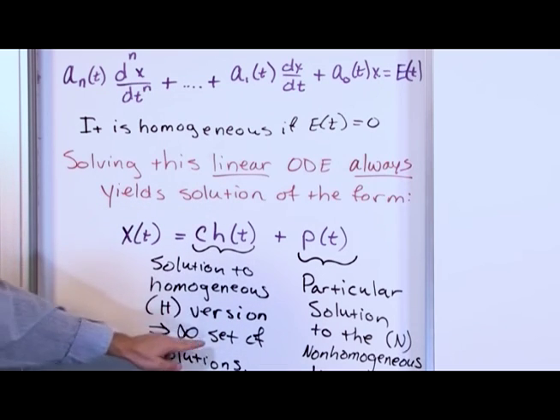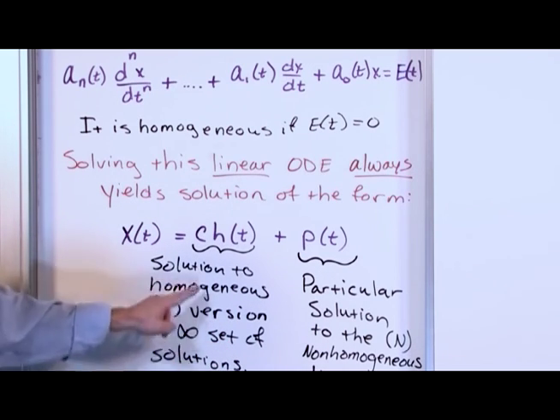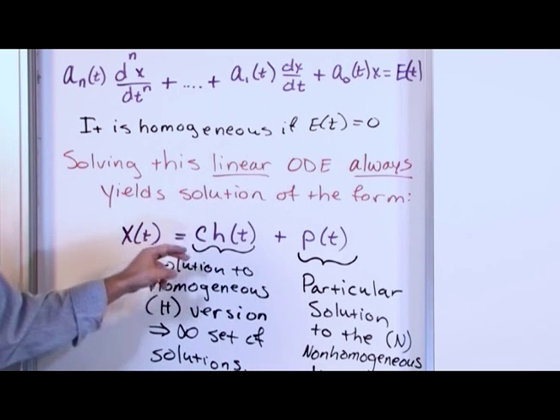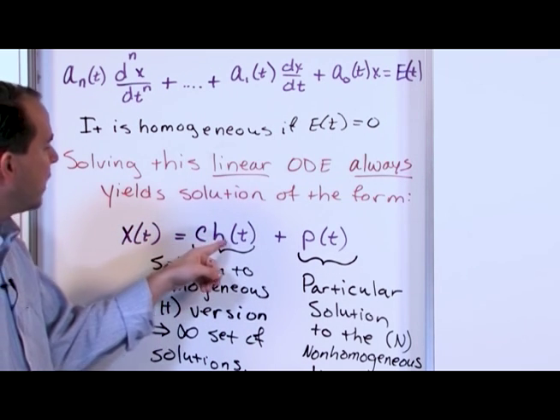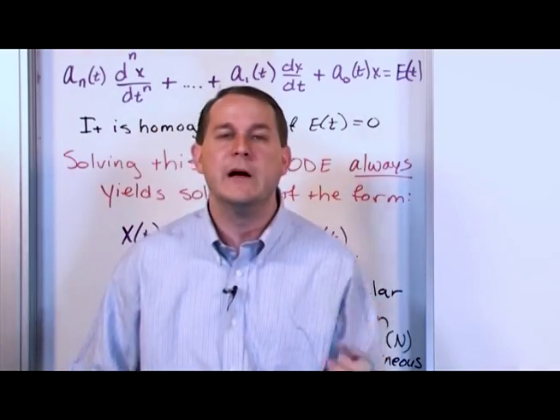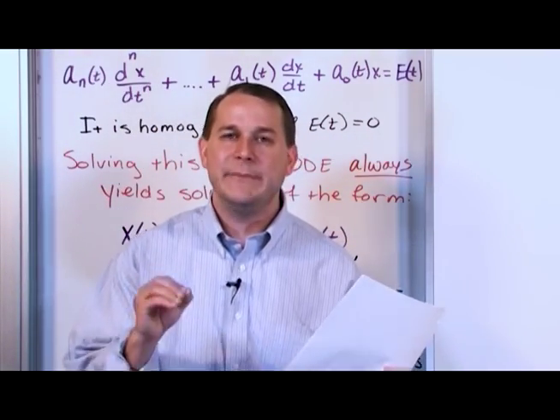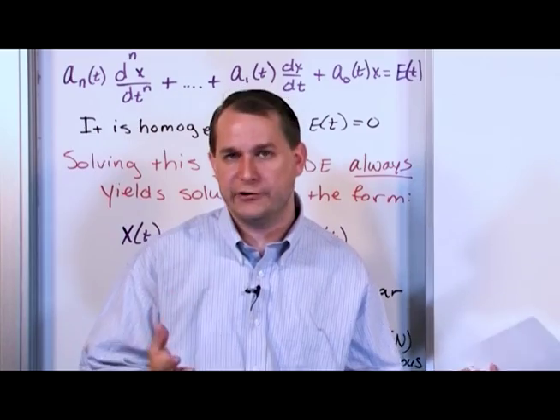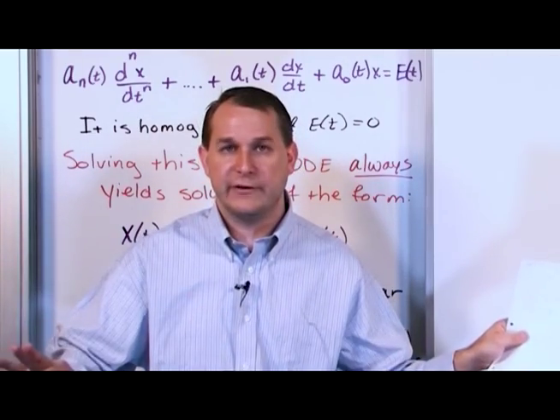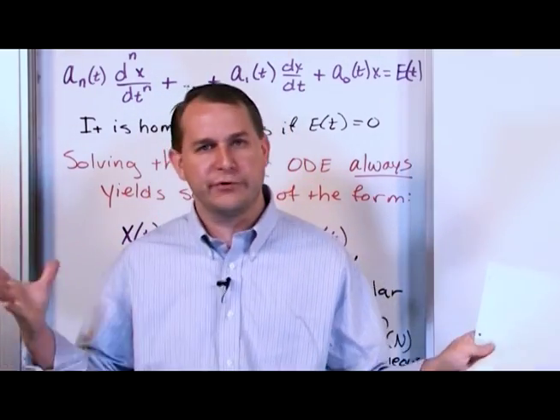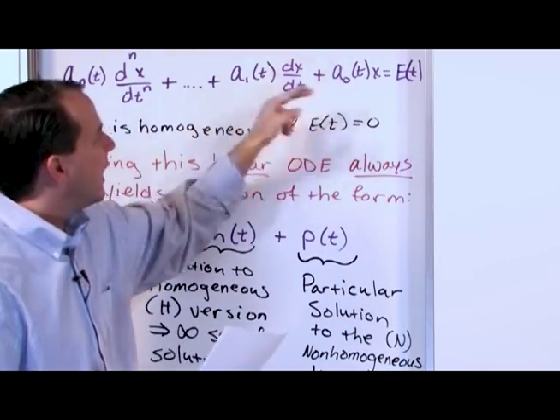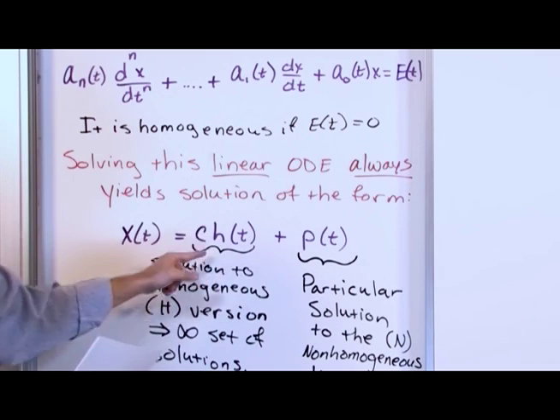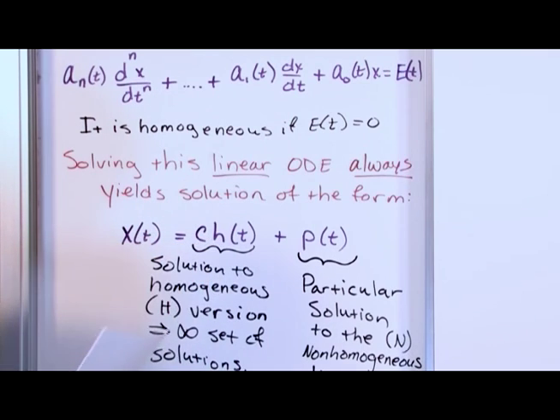I say that it leads to an infinite set of solutions because the solution to the homogeneous equation is always going to be a bunch of constants times a bunch of functions of time. The constants are not going to be nailed down unless you have an initial condition. So I'm not talking about initial conditions now. I'm not talking about how far did you pull the spring back. I'm talking about the general case. What you get when you solve this with 0 here is going to be an infinite number of solutions because I'm going to have these constants running around.